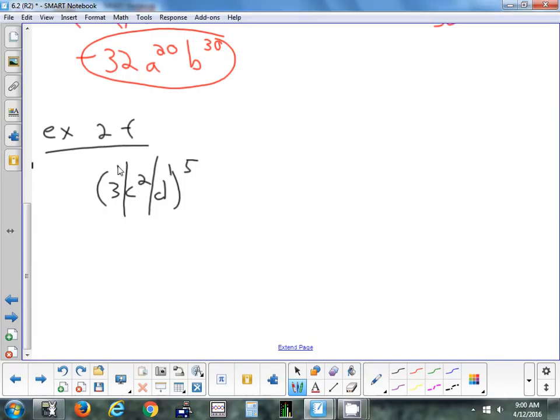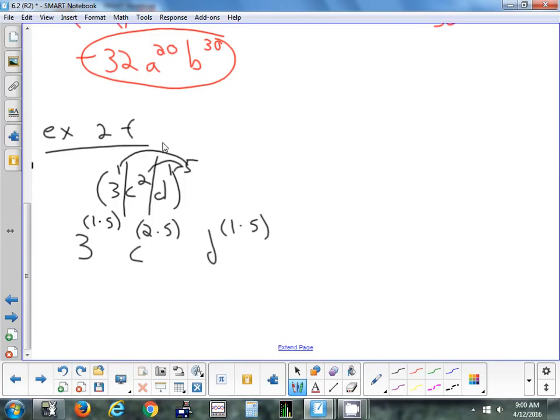Remember, I'm taking this 5 and I'm applying it to everything. Every power or every exponent inside that parentheses is going to get the 5. So it becomes 3 times 1 times 5, C, 2 times 5, D, 1 times 5.